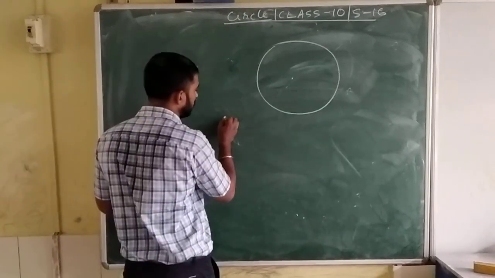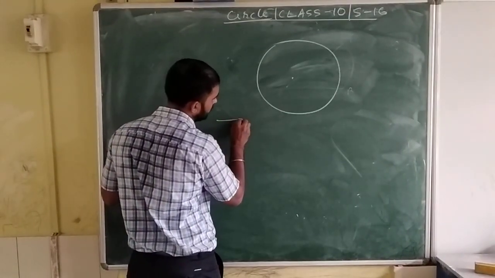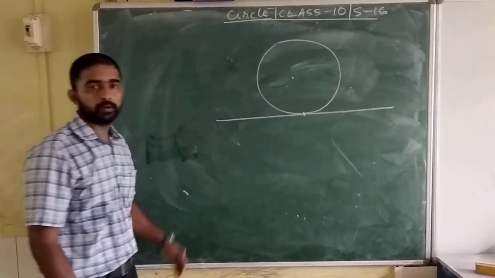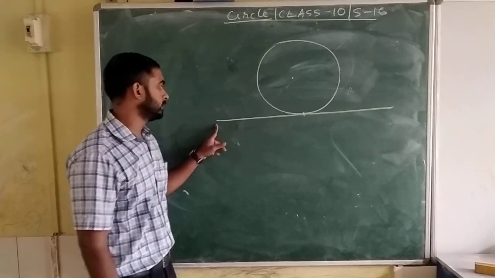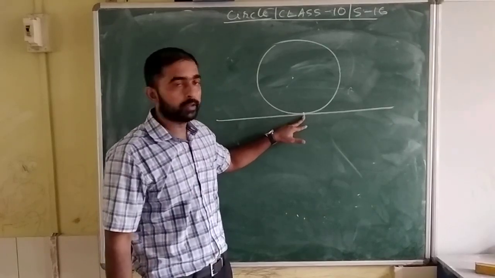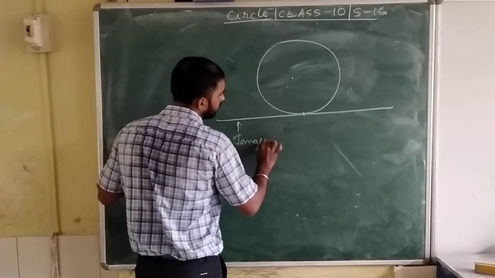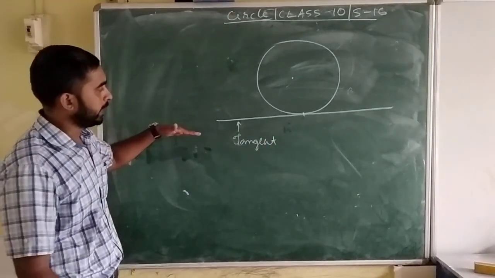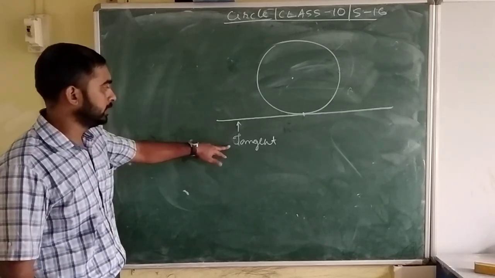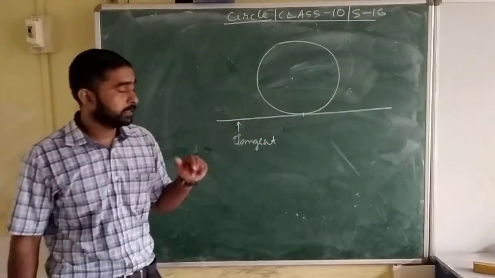A line which is drawn from an external point to the circle, and which touches the circle at only one point, is known as a tangent. Understood? The tangent is drawn from an external point, and it touches the circle at only one point.